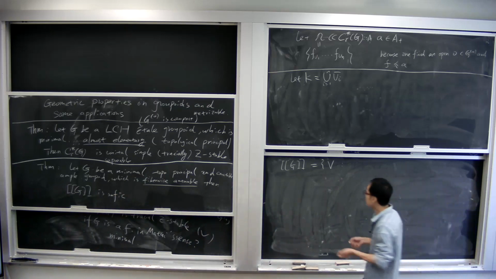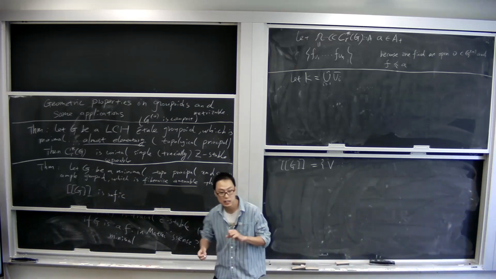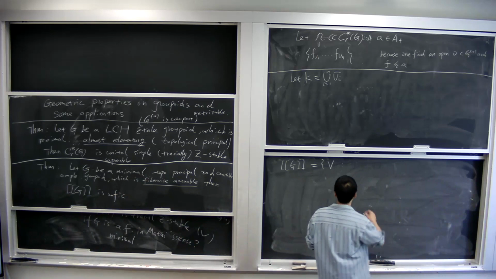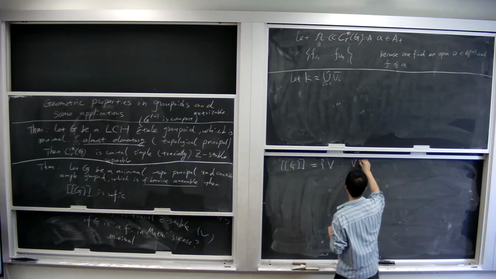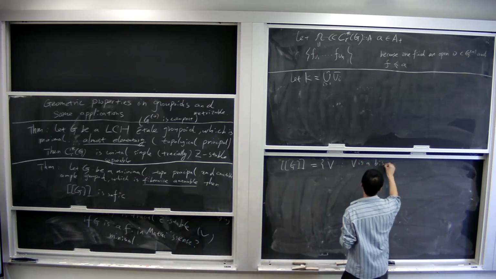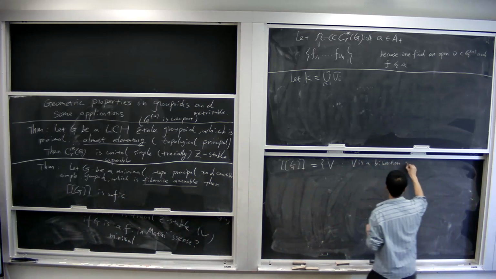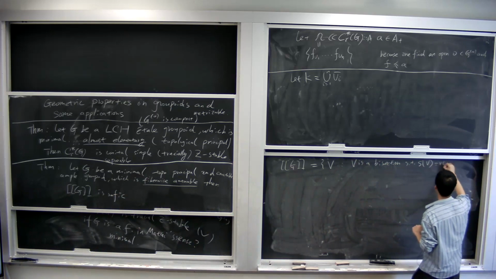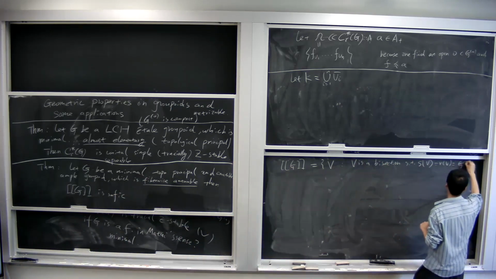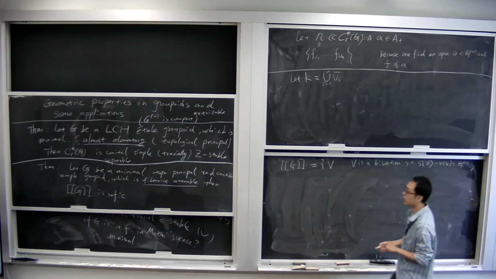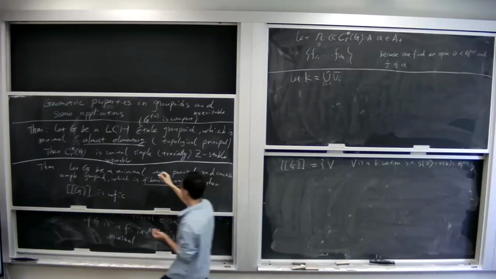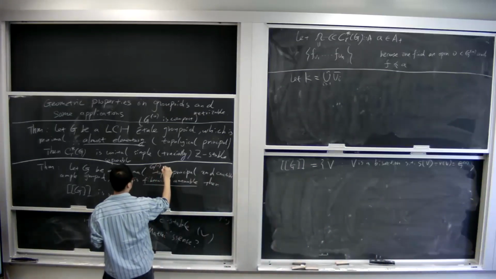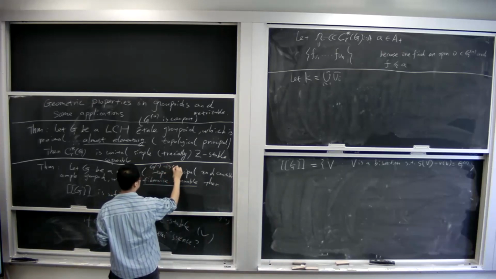Of course, implemented by a discrete acting group. So V is a bisection such that the source of V equals the range of V equals the whole unit space. Of course, here we want this to be compact.